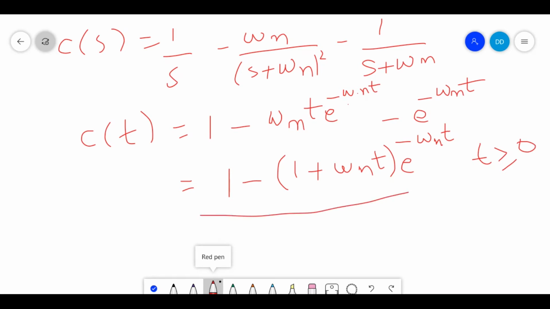This is the response of a critically damped system. Then the output you obtain will be exponentially increasing. The steady state value is 1. This is C of t. This is t. So this is the response of a critically damped second order system.